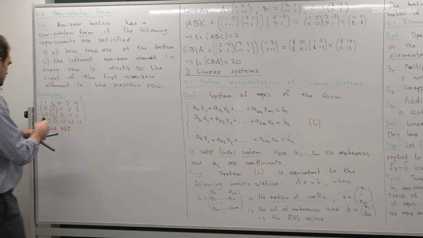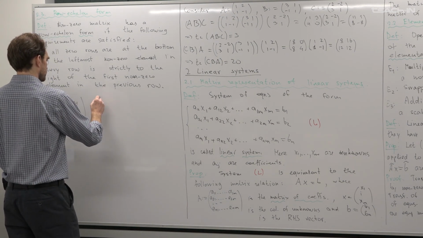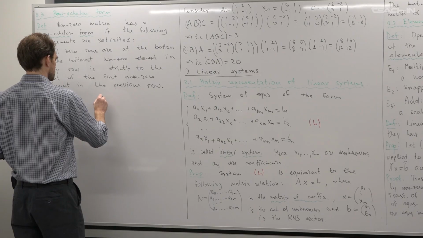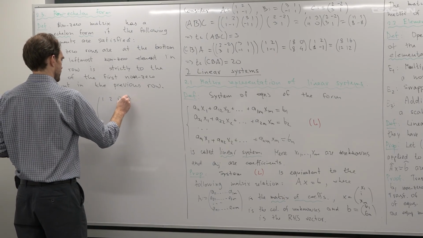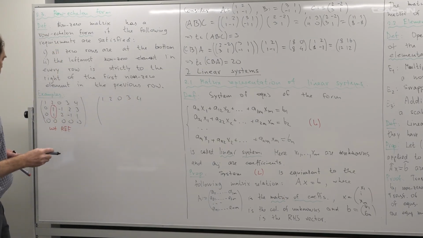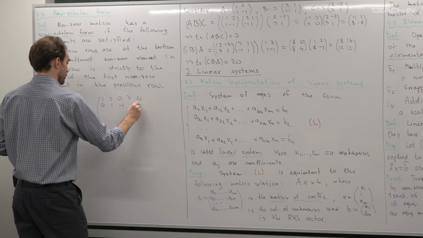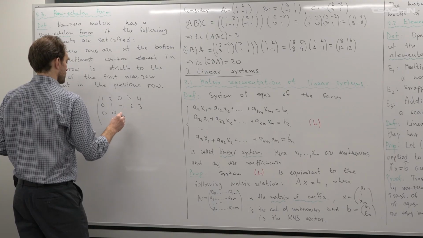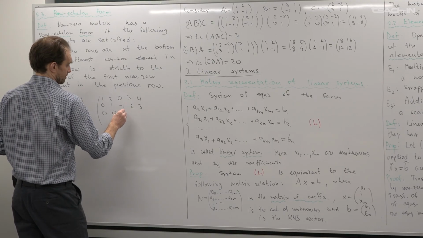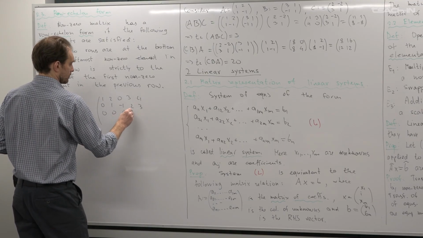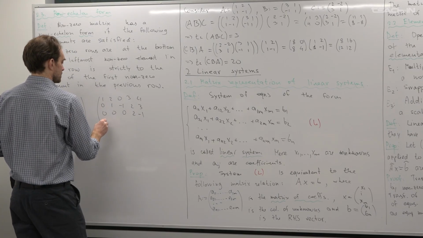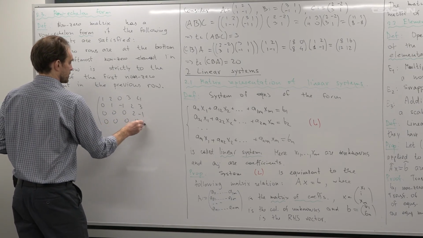Okay, and now I will give an example of row echelon form. So 1, 2, 0, 3, 4. I'll take the first row from the previous matrix and the second one as well. So 0, 1, minus 1, 2, 3, then 0, 0, 0, 2, minus 1, 0, 0, 0, 0, 0.